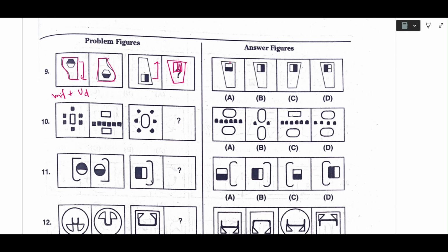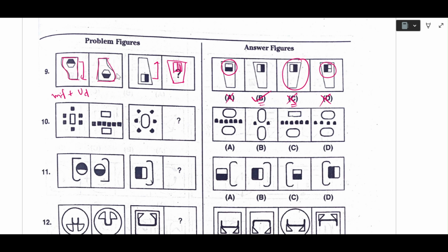First of all, in A, this figure is not fine, so we are eliminating A, and in D also the figure is not correct, so we are eliminating D. Let's look into the figures B and C. Here, if you could see, a mirror figure and also upside down, right? But this is not a mirror figure, so we are eliminating C as well, and everything in option B is correct, so we are selecting B as our correct answer.